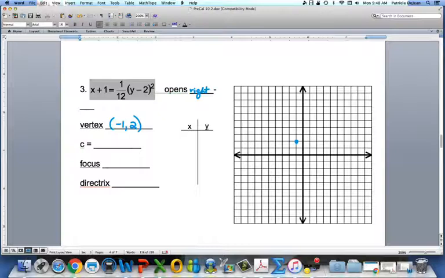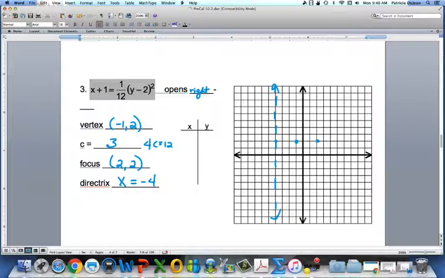Then our C, if 4C is equal to 12, C is going to be 3. And it opens right, but we're going to go 1, 2, 3 to the left, 1, 2, 3 to the right. It opens right, so this point on the left is going to be the point where our directrix goes through. So the directrix is at x equals negative 4. And our focus is at 2, 2.